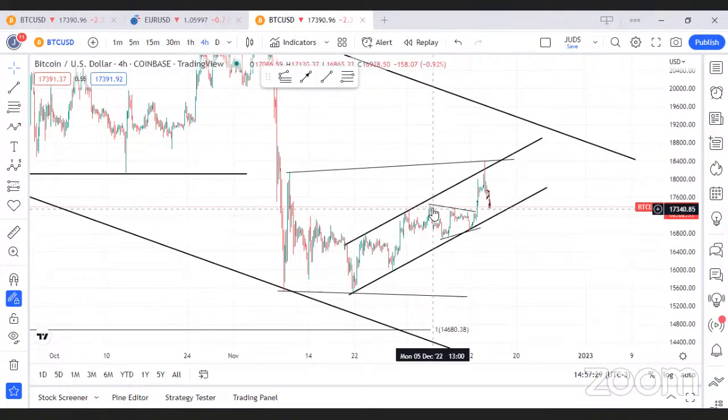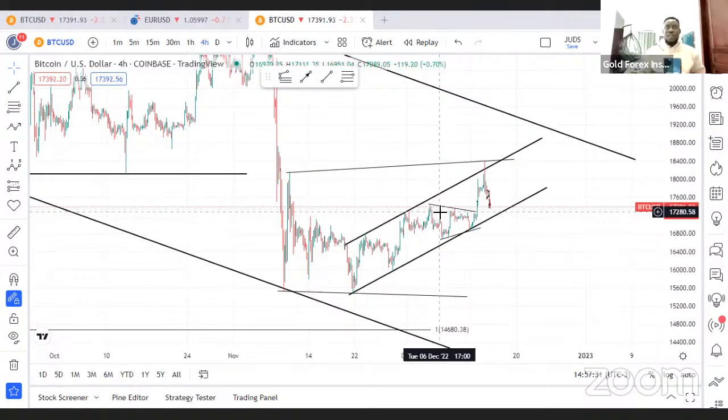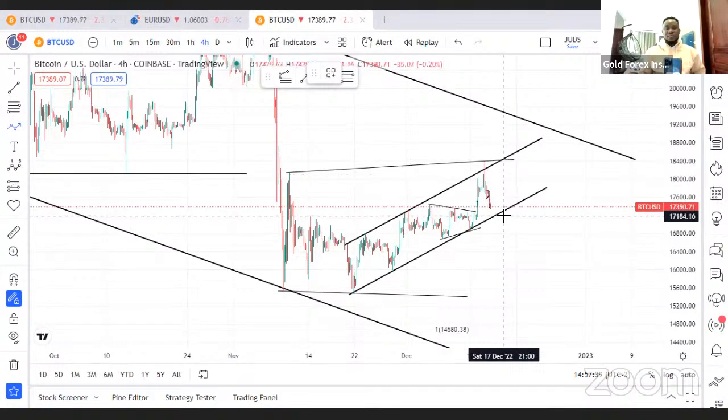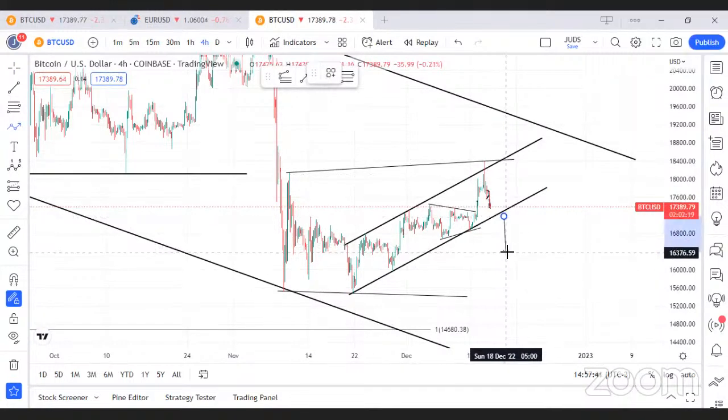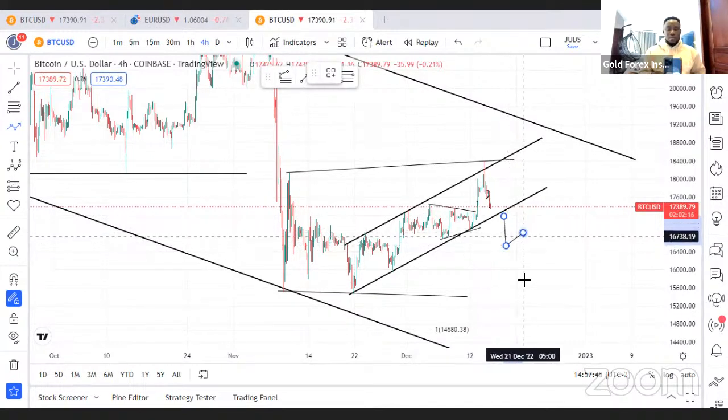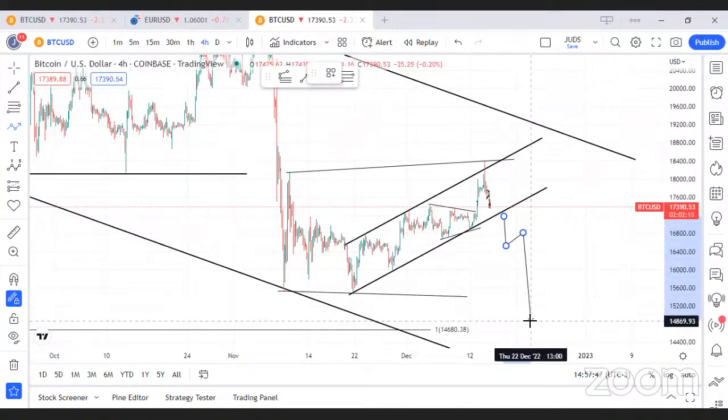The one that has formed the rising wave has formed 5 waves, the current one. So ABC. Now we need to break down from this and find a correction to join.